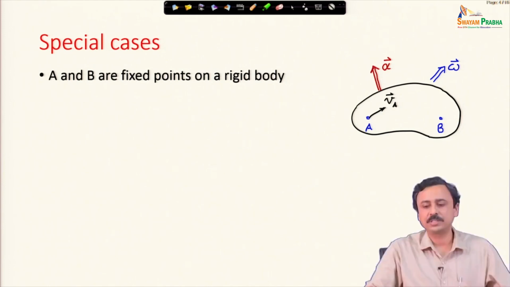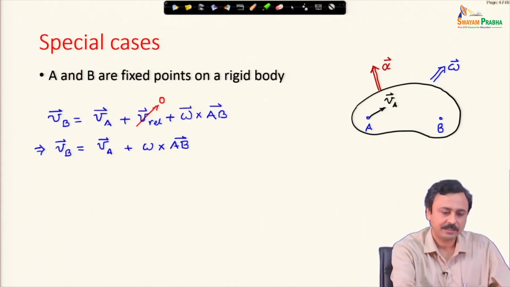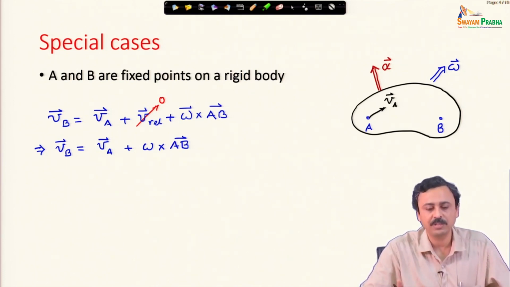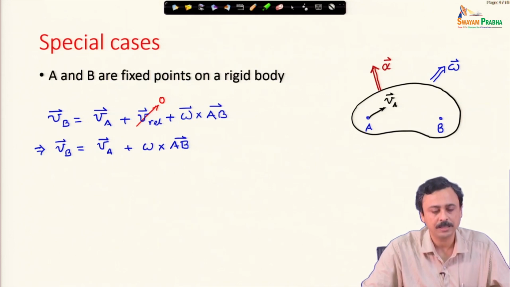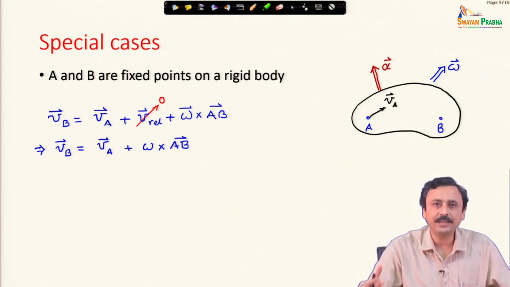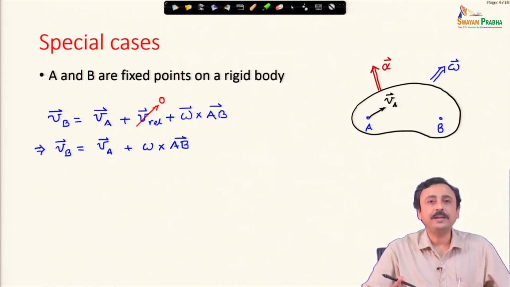The first situation that we are going to consider is when A and B are 2 points fixed on a rigid body. If that be so, let us write down the most general velocity relation. Velocity of B is velocity of A plus V rel plus omega cross AB, the general velocity relation, of which now you see, because both A and B are fixed on the rigid body, just like you and another person both sitting in the same auditorium, you are not moving, so you are fixed on the earth, then V rel is 0.